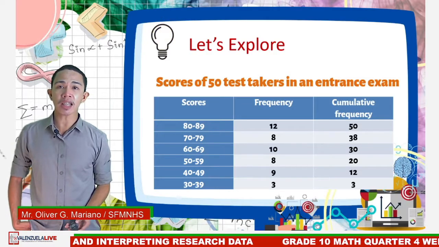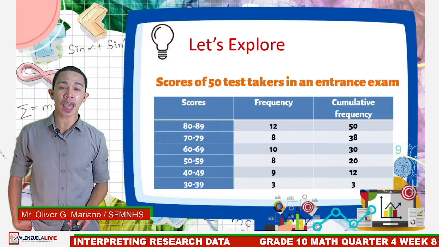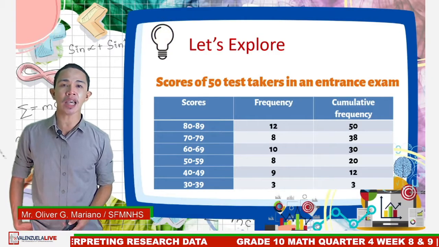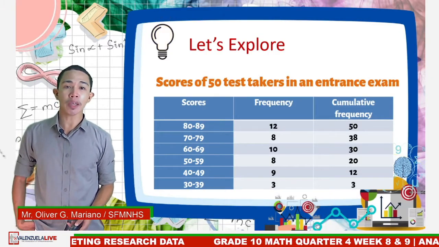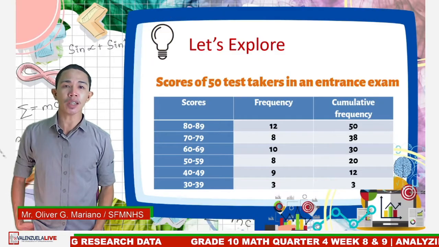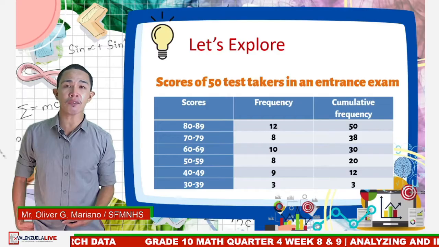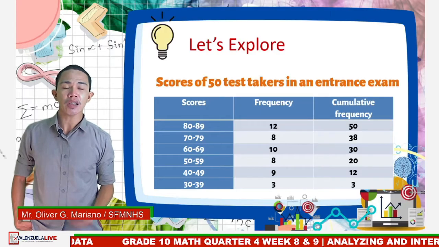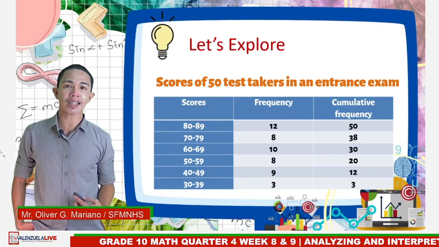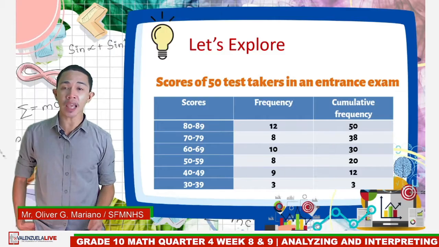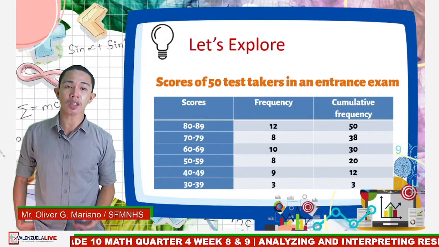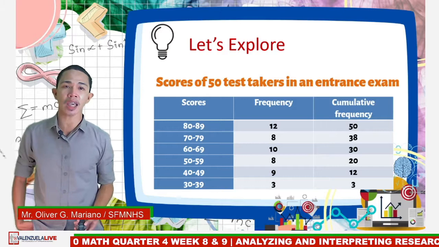For 70 to 79, we have 8. And for 80 to 89, we have 12. You may also recall that the cumulative frequency are obtained by adding successively the frequencies starting from the last row. So we obtained there 3, 12, 20, 30, 38, and 50.